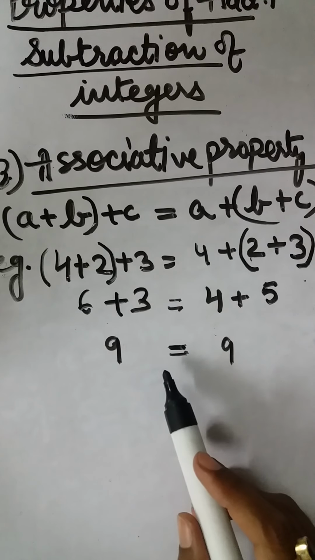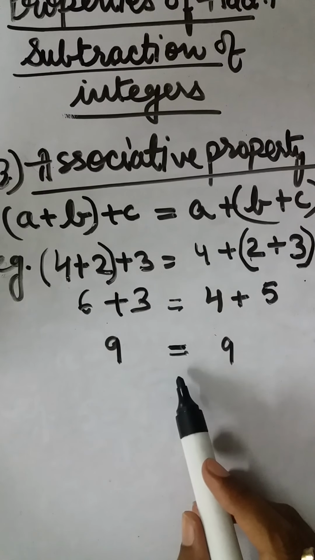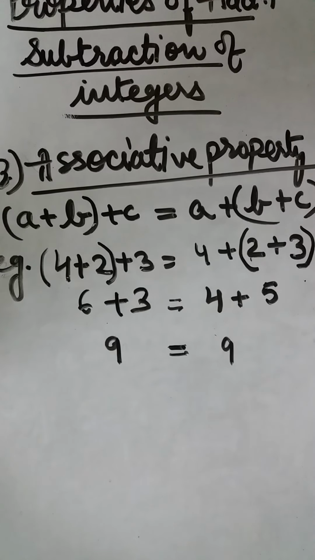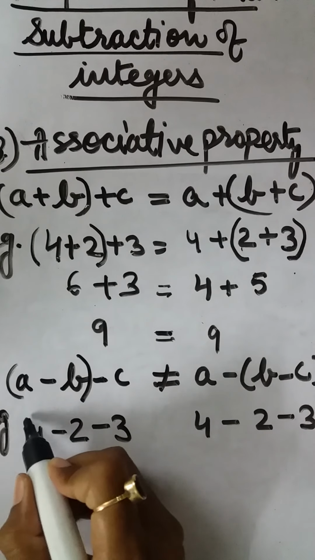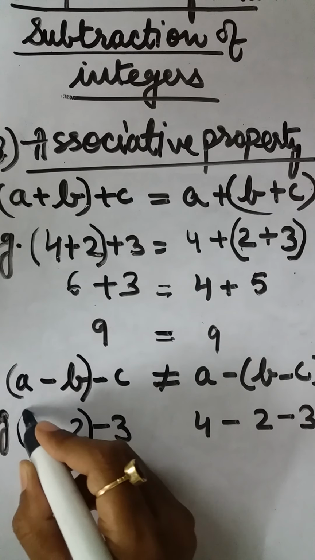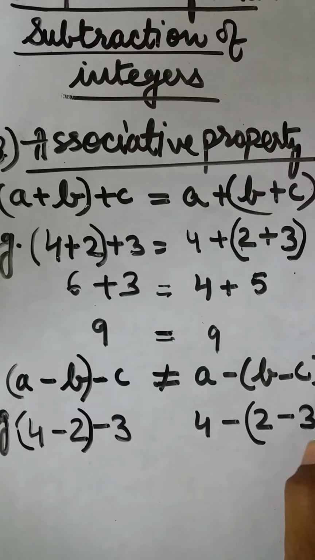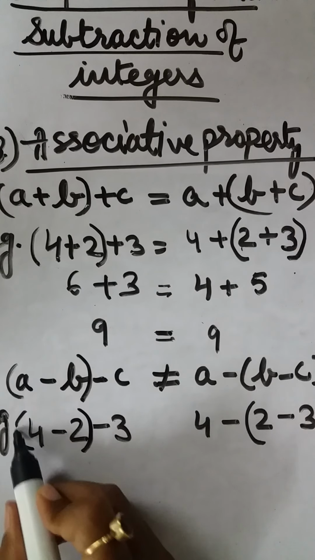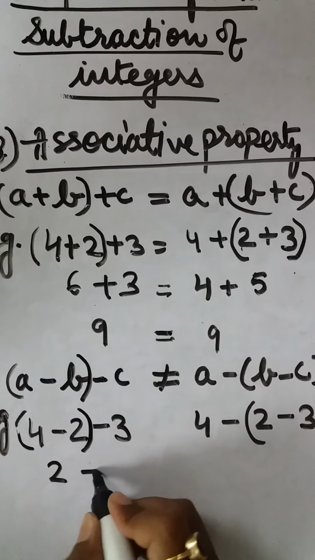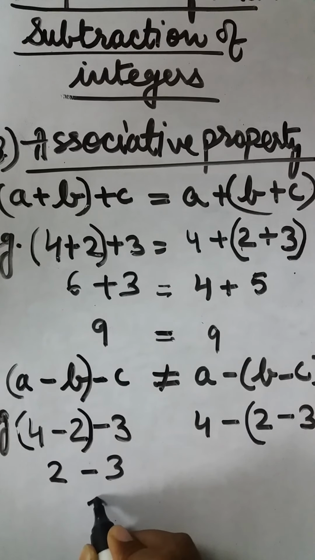Whether this associative property holds good for subtraction, let's find it out. Let's make different groups. First we solve this group, the answer is 2, and then minus 3 gives us minus 1.